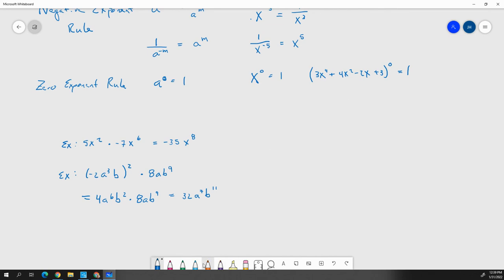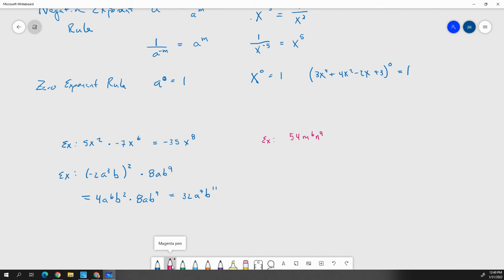Let's do an uglier one. Let's do, if I have 54m to the 6th n to the 4th over 3m squared n, minus 10m to the 4th n to the 3rd.